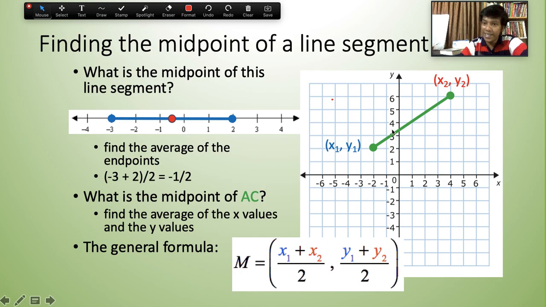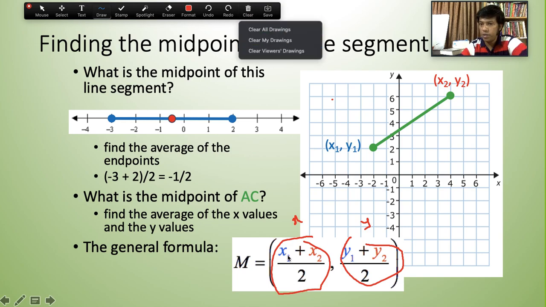It doesn't matter whether you write x1 or x2 first, but you must write all the x first, then y, because in our ordered pair, x always comes first, then y. So how to find the midpoint? You add the numbers and divide by 2, for the x value and the same rule for the y value.